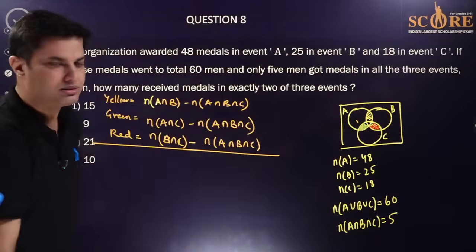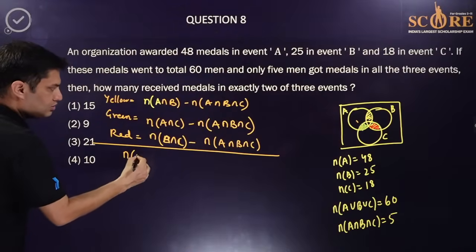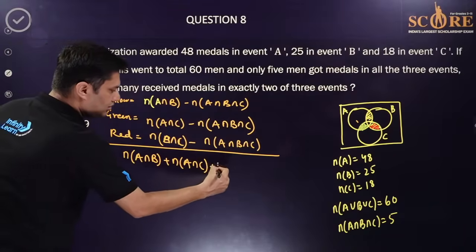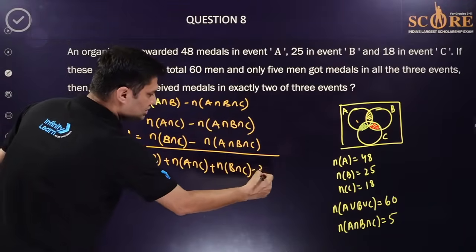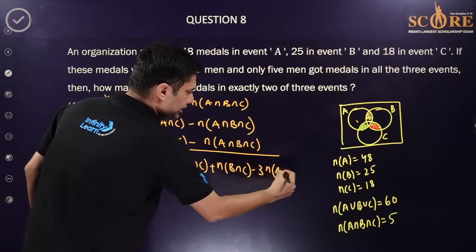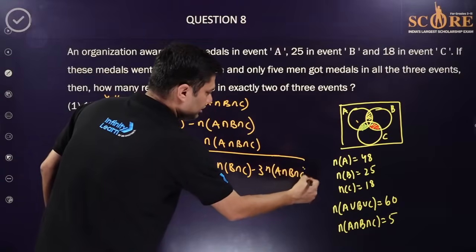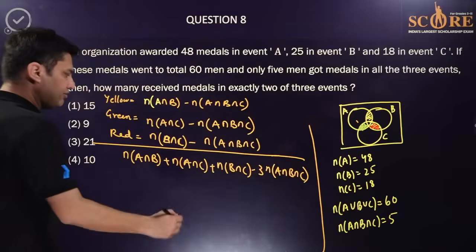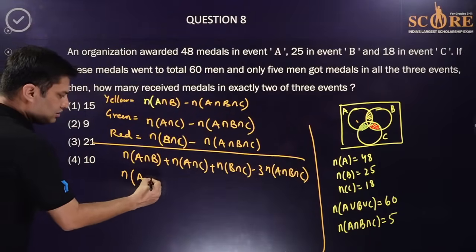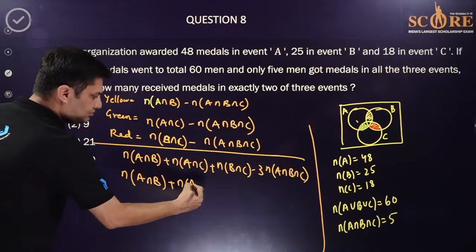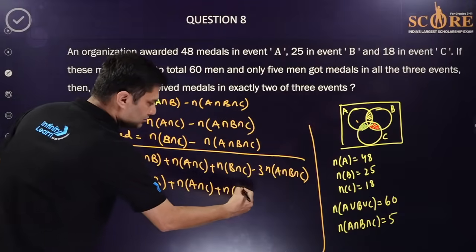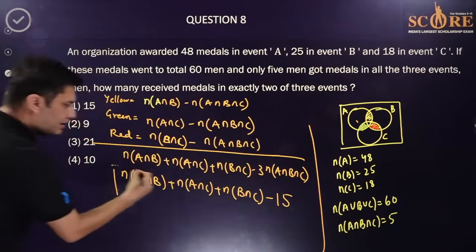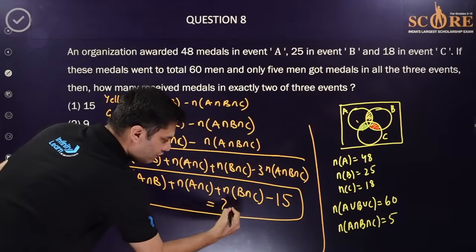So if I add everything, this is A intersection B plus A intersection C plus B intersection C, minus 3 times A intersection B intersection C. I know what is A intersection B intersection C. That is 5, given in the question. The final answer is all the intersections minus 15, 3 into 5. Now, how to solve this quantity? Because you need to find the value of this quantity.